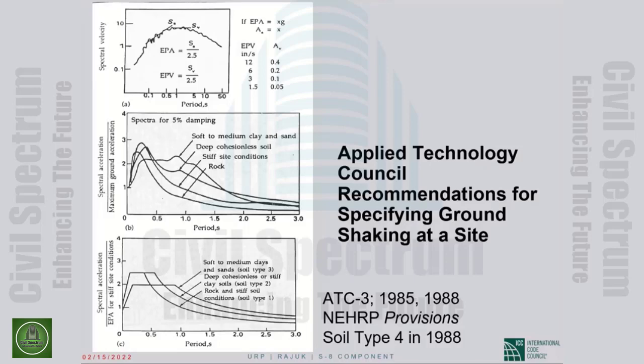Now in ATC3, they decided to use Professor Seed's spectra as the basis of design, but they did a few things. The rock and stiff site conditions were combined into one, what they call soil type 1, rock and stiff soil. The deep cohesionless soil remained soil type 2, and the soft is soil type 3. Okay?